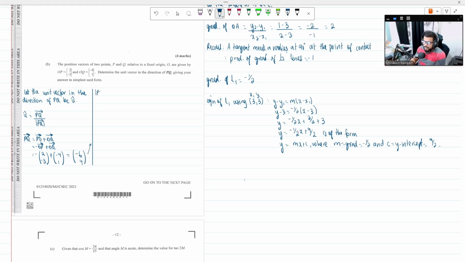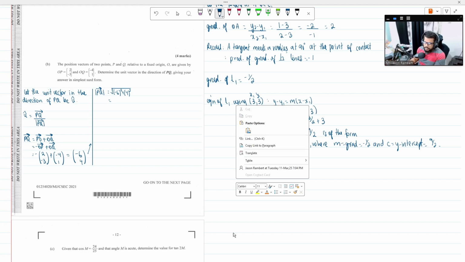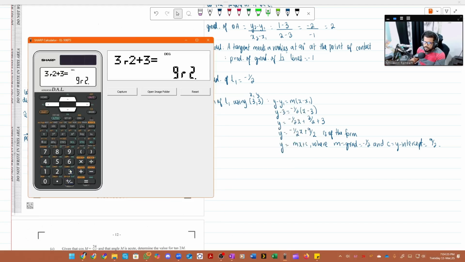The size of PQ now is going to be the square root of the i component squared plus the j component squared, which is minus 6 squared plus 4 squared. We're going to leave it in surd form. That is 36 plus 16. Again, I could jump on my calculator. Nothing wrong with that. Root 52.